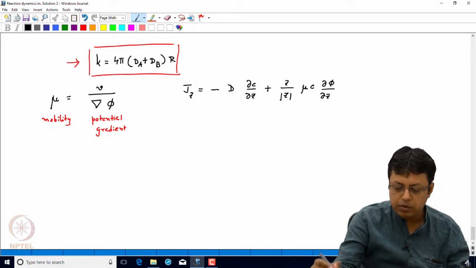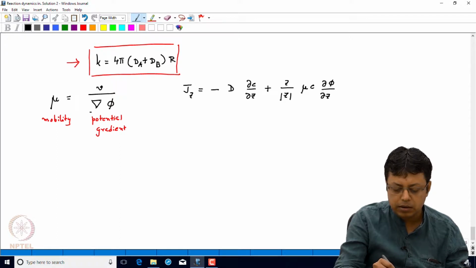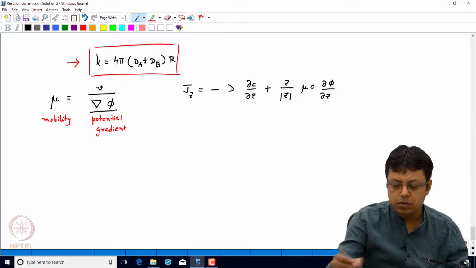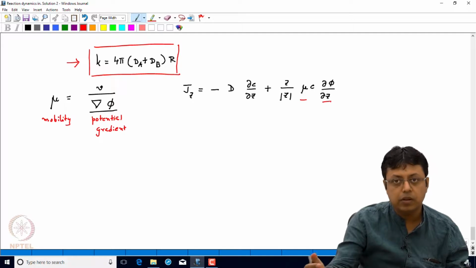Now instead of the three-dimensional gradient I am just using a one-dimensional form. So mu into del phi del z is nothing but the velocity.